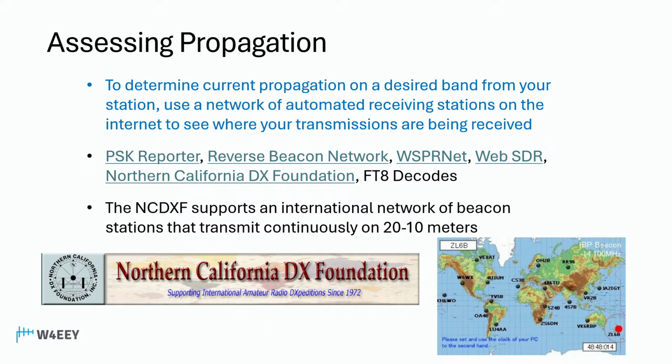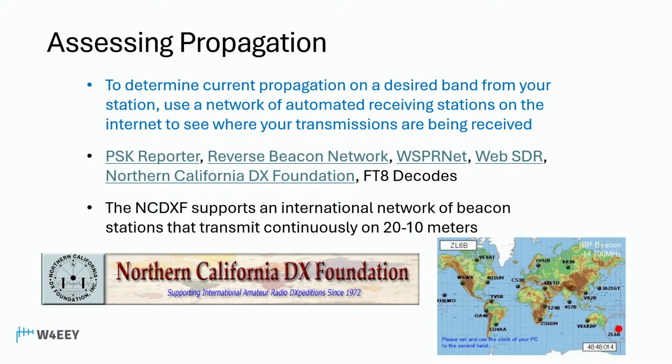They've got what's called a beacon project that supports all of this. Another one is FT8 codes. I didn't put a link on this one, but if you have FT8 set up on your computer, you can tell where propagation is coming from around the world, and that will be an indication of propagation being open there. So lots of tools available for doing this.